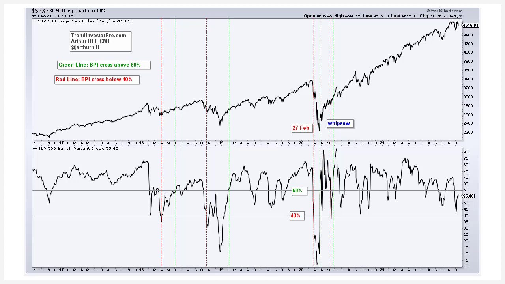So with this bullish percent index, what I'm looking at is across above 60% is bullish and across below 40% is bearish. And the bullish percent index measures the percentage of stocks in the S&P 500 that are on point and figure double top breakouts, buy signals.